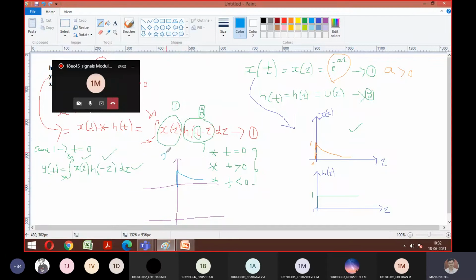This is your h of tau, right? Now similarly h of minus tau. I hope everyone remembers what you learned. That is why I told you scaling, shifting, folding concepts will keep repeating in your signals for at least 2 more modules. Just have an awareness. Don't forget the previous topics, as you will have continuation. So at 0, if I make h of minus tau, it's exactly a mirror image, correct?